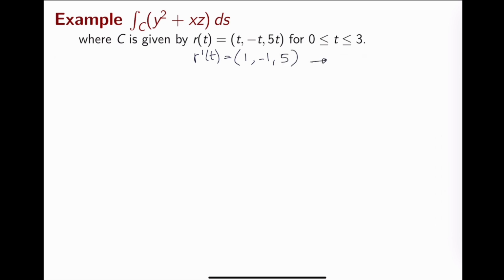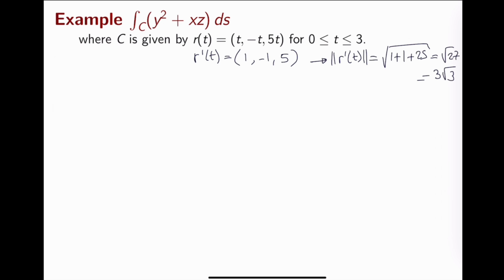And then what we need of this is the norm of this vector, which is the square root of the square of 1 plus the square of minus 1 plus the square of 5. And so this makes the square root of 27, that is 3 square root of 3.